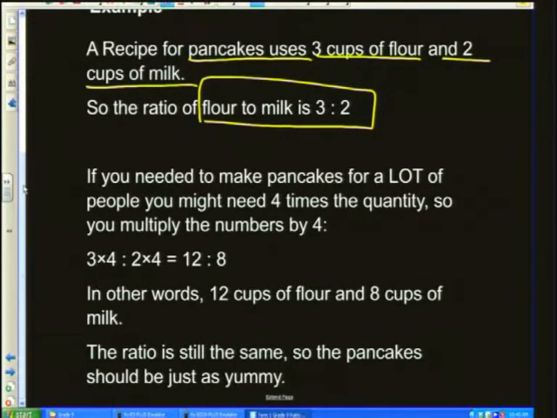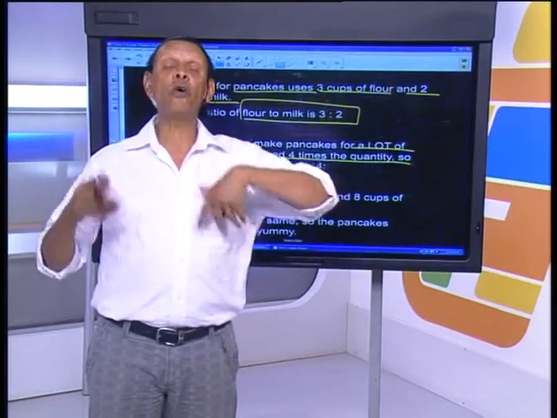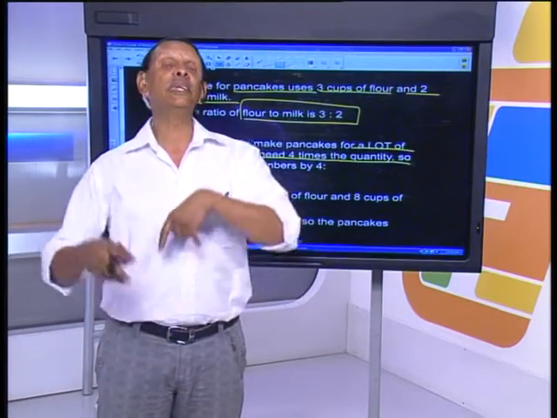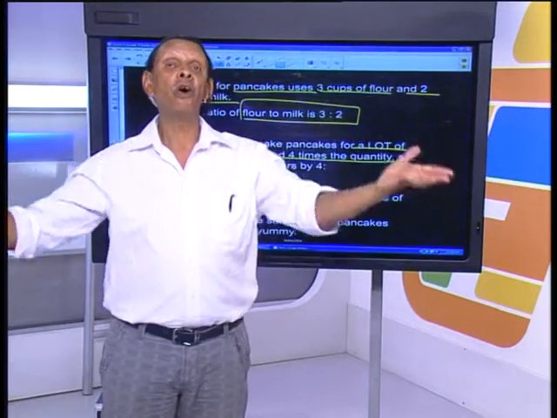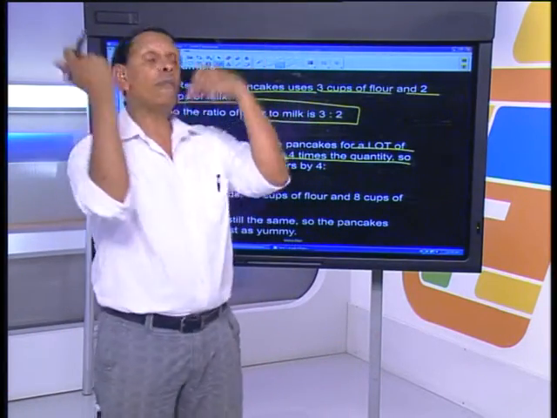The ratio. Now, if you need to make pancakes for a lot of people, you might need 4 times the quantity, isn't it? So in other words, if I want 4 times the quantity, I need to increase everything so the ratio must be scaled up 4 times.